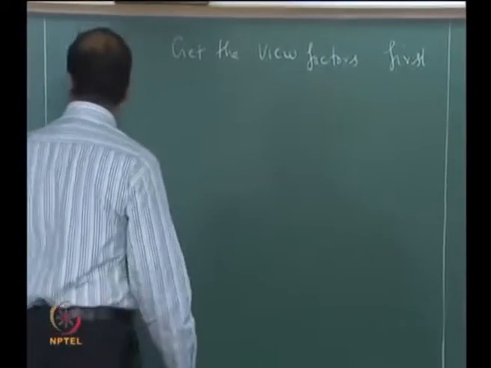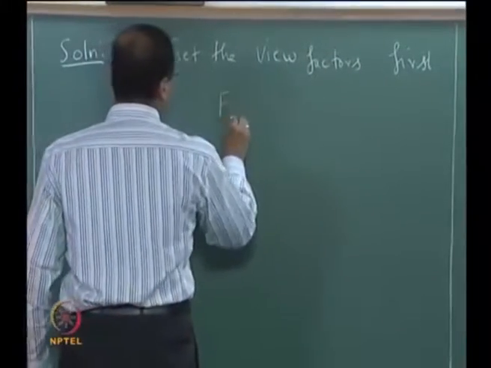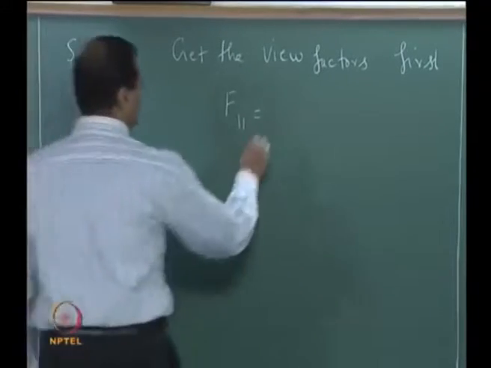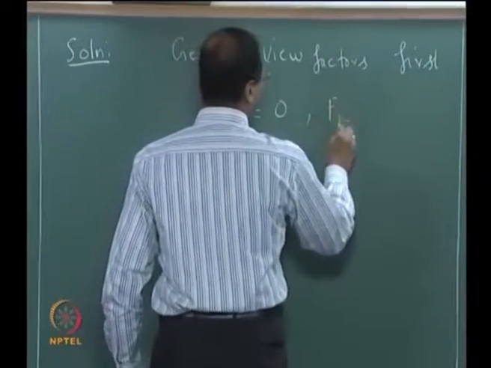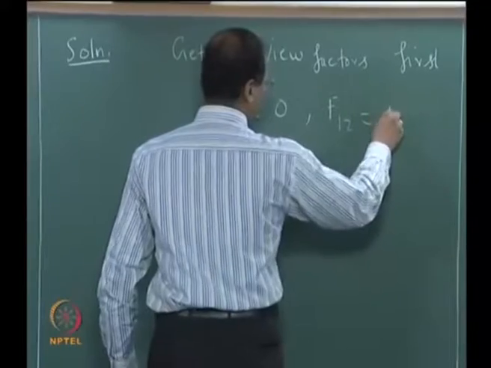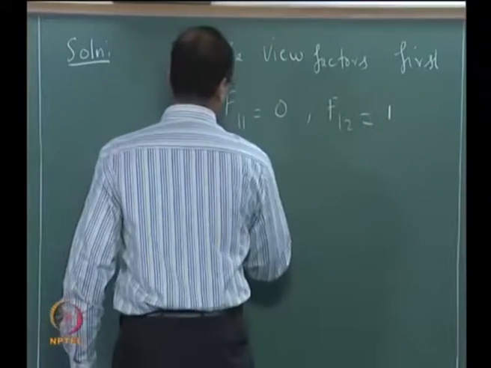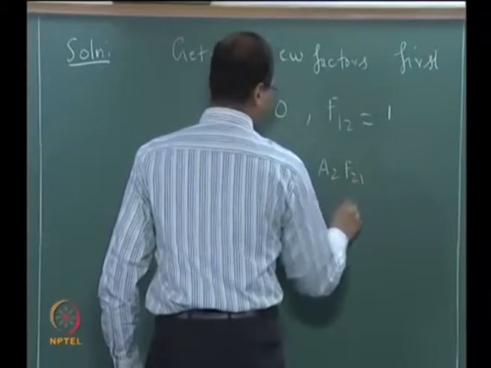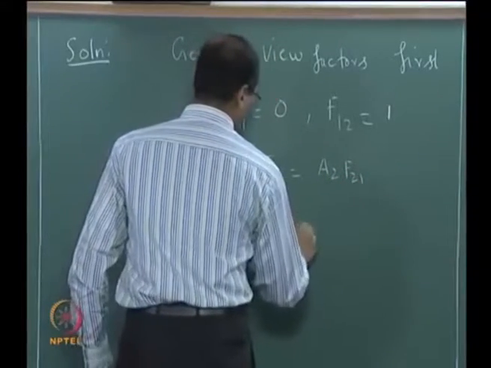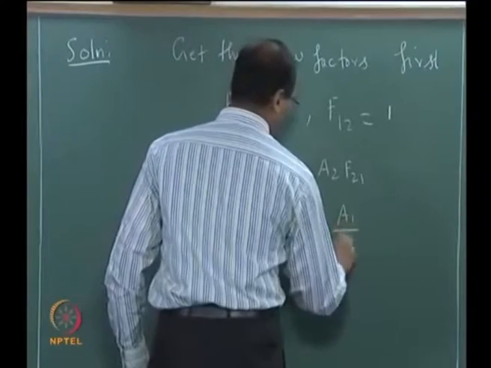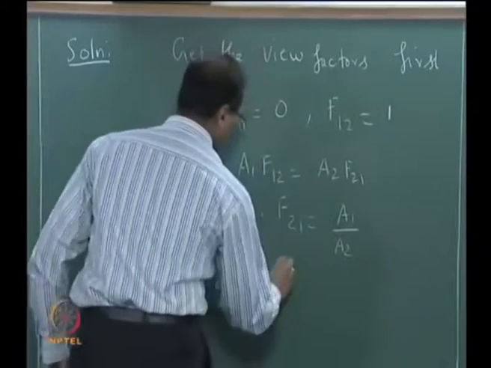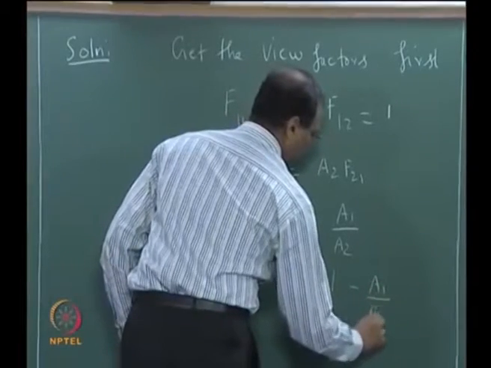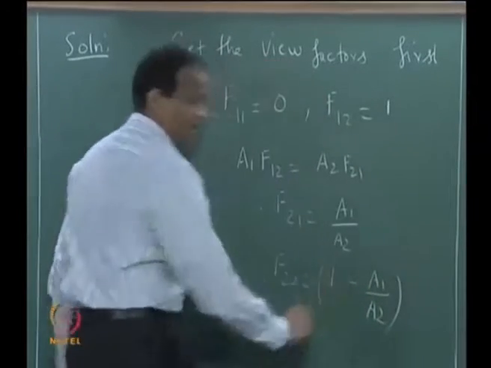Get the view factors first. F11 good, 0, F12, 1, correct.